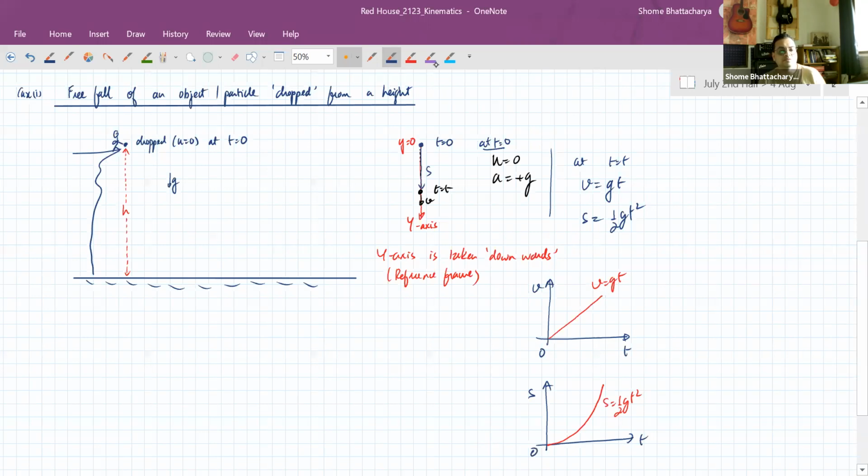So now the other thing we can see is that suppose this finally hits the ground at t equal to capital T with the final speed or an impact speed vi.